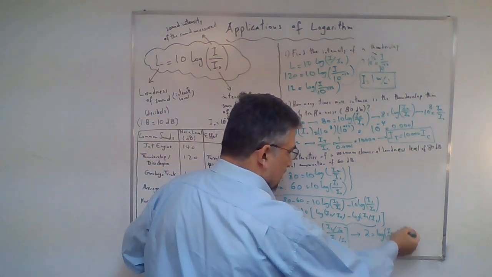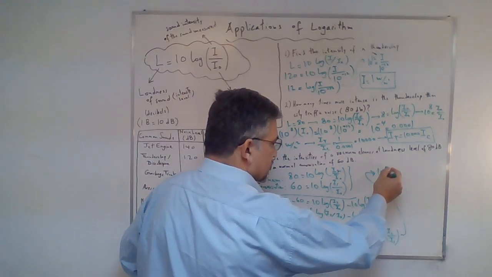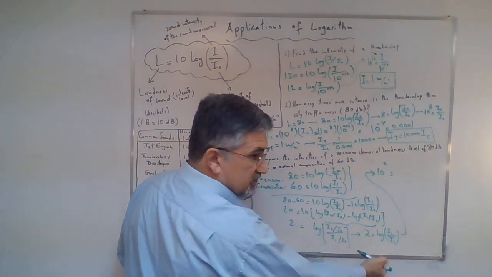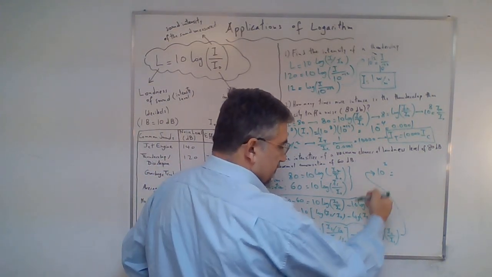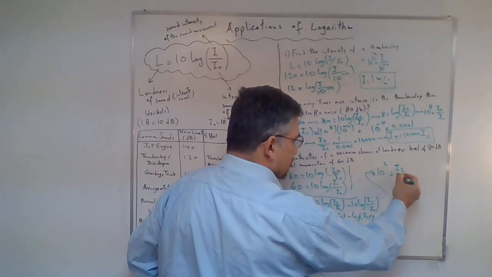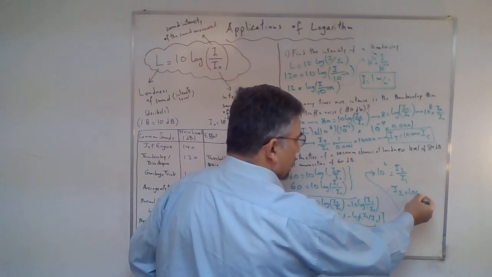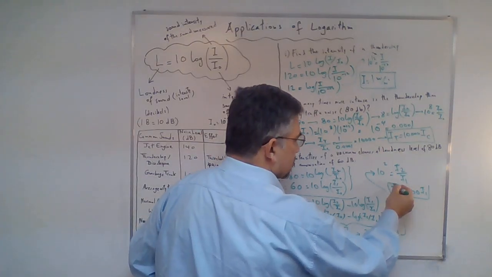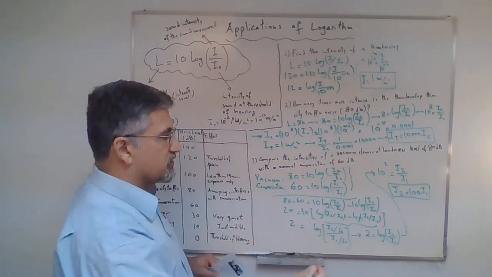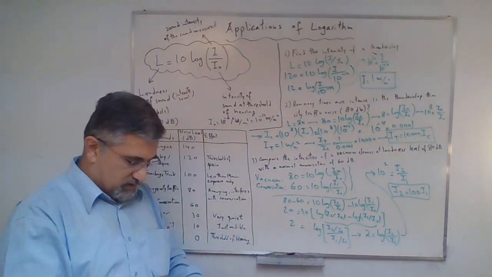And it's not hard to say that 10 squared, so the base of the log is 10, raised to the exponent of 2 on the left side equals I2 over I1. And then by simple cross multiplication, we get this result of I2 equals 100 times I1, because 10 squared is 100, clearly.